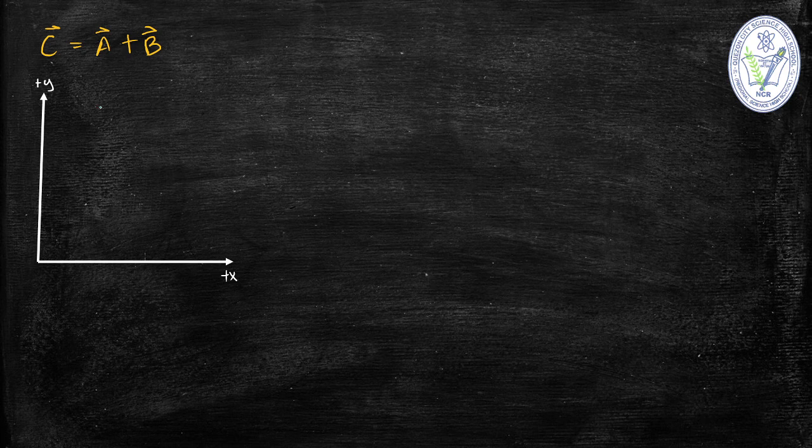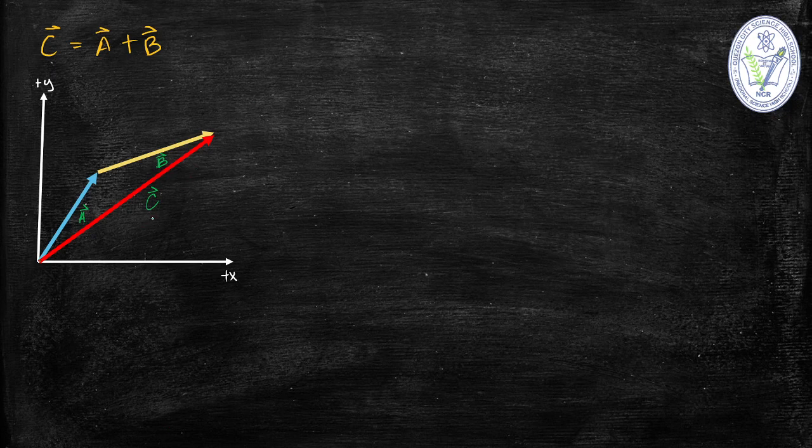The statement C is equal to A plus B. Suppose the blue arrow is vector A, this vector A, and we connect another vector, vector B. So the resultant vector, as what we have known from the head-tail method, would be from the tail of vector A to the head of vector B. So that would be our vector C.